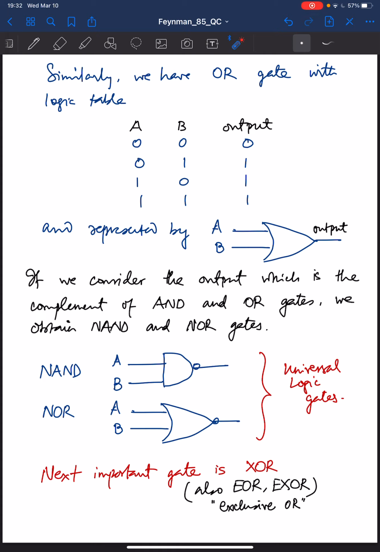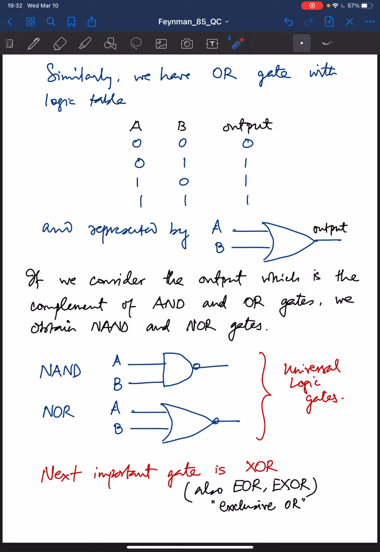Now if we consider the output which is the complement of the AND gate, which was shown before, and the OR gate, which is shown here, we obtain what are called NAND and NOR gates. So this is a NAND gate and this is a NOR gate. For the NAND gate, I just take the AND gate and put a small blob at the front. And if I take the OR gate and put a blob at the front, it becomes a NOR gate.